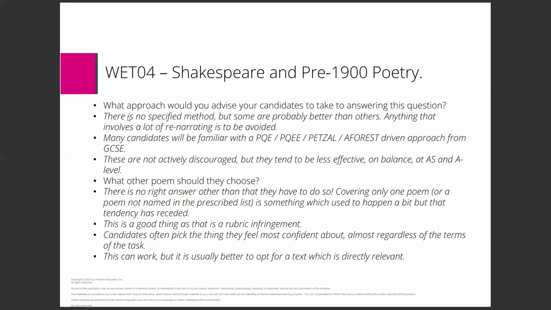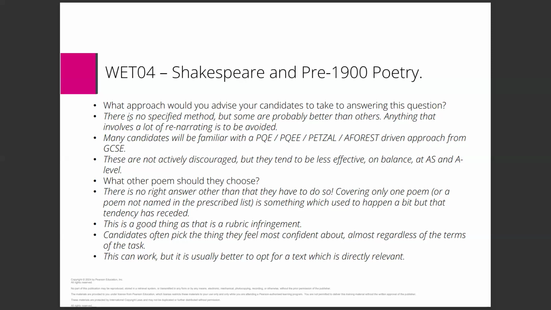A point we make on plans: there is no particular method we'd recommend. We do realise candidates are familiar with some planning mnemonics from GCSE, and while we don't discourage them, we find that sometimes candidates who stick to those quite mechanically do not get to make as effective an argument in AS and A-level responses.